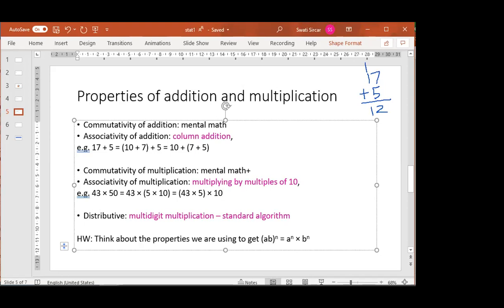Now, the distributive property, however, is more well known, because that is what we need for multi-digit multiplication.